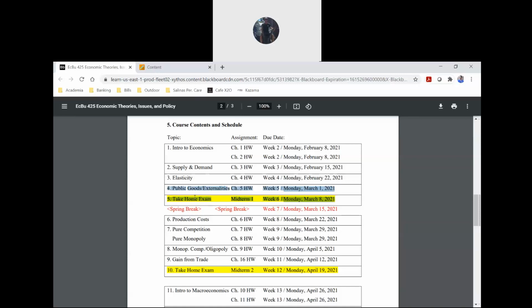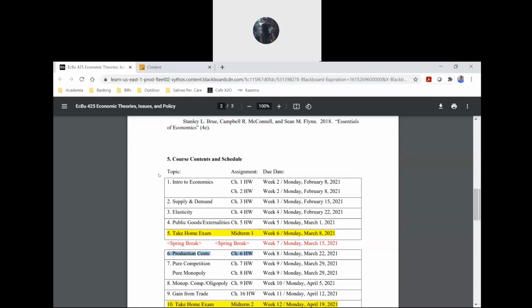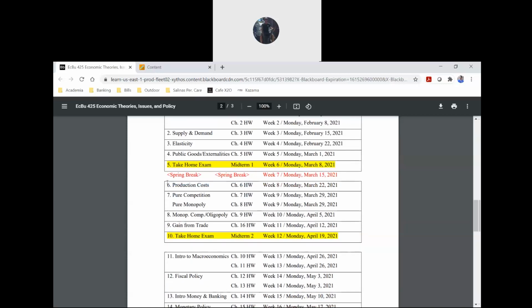Today we're going to jump to the next section, after the midterm. The exams and the material are not cumulative. The second two thirds of the class, chapters 6, 7, 8, 9, and 16, will be the material for the second midterm.